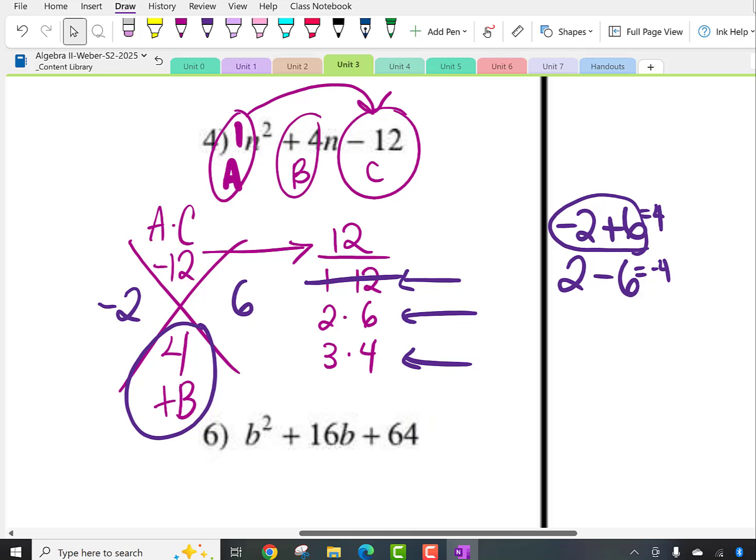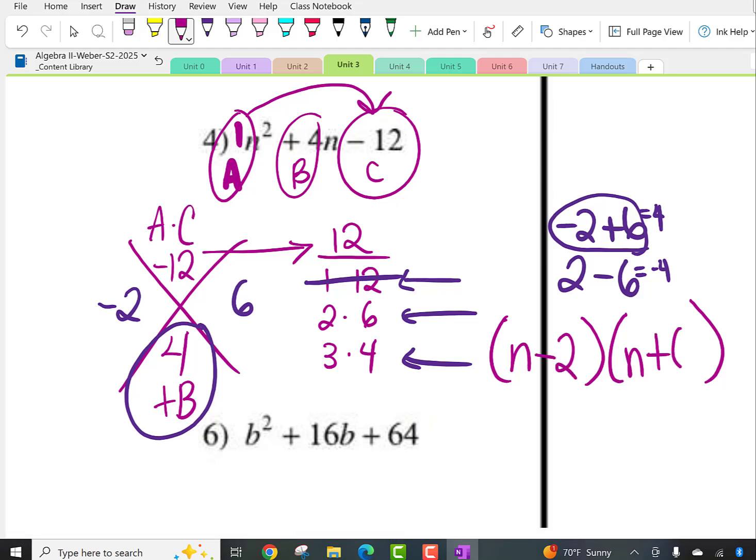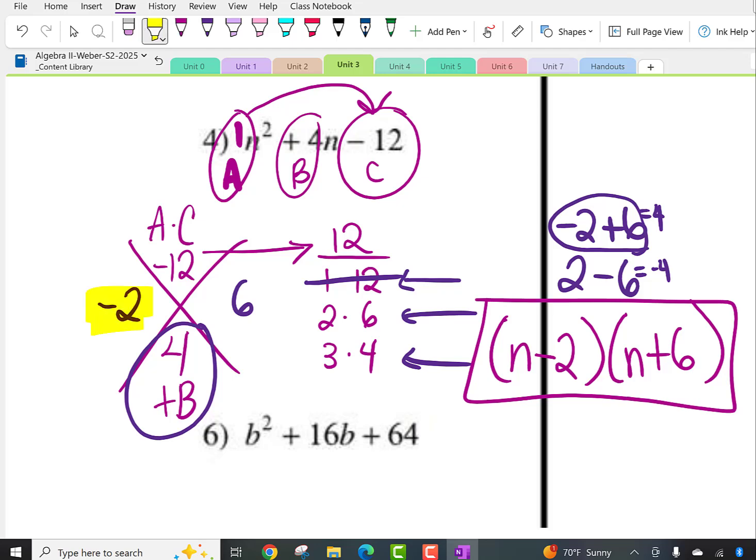We're going to use the letter N because that's the variable in this problem. Then the answer would be n minus 2 and n plus 6. Again, I got those numbers from here, and I put them there.